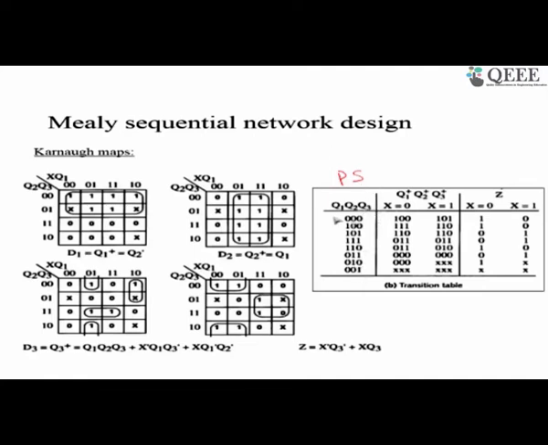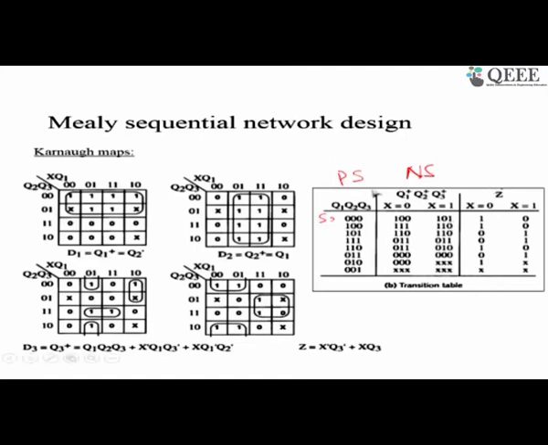When the present state is S0, Q1 is 1, Q2 is 1, Q3 is 1. You go to your next state when the input is 0. In the next state, Q1 plus, Q2 plus, Q3 plus will take a value 1, 0, 0. Or for x equal to 1, they will take a value 1, 0, 1. So this is what this tells.